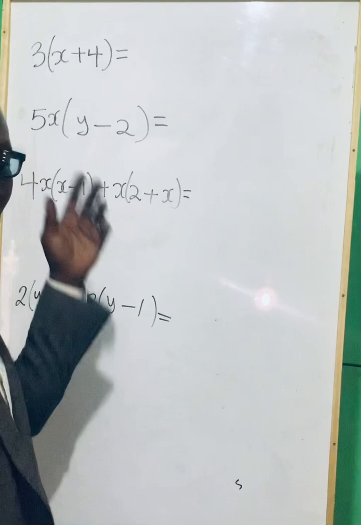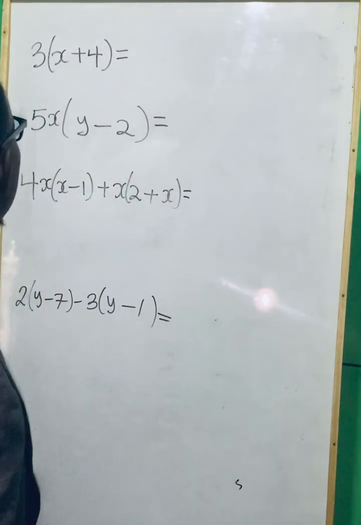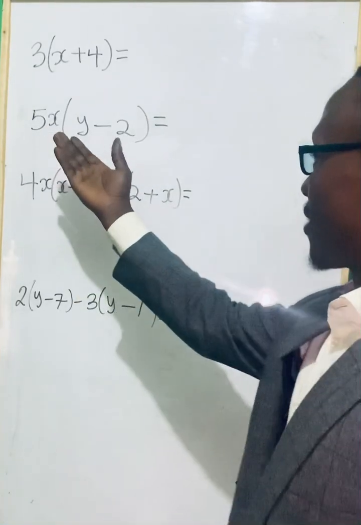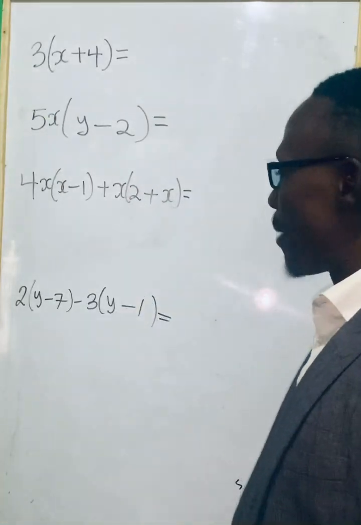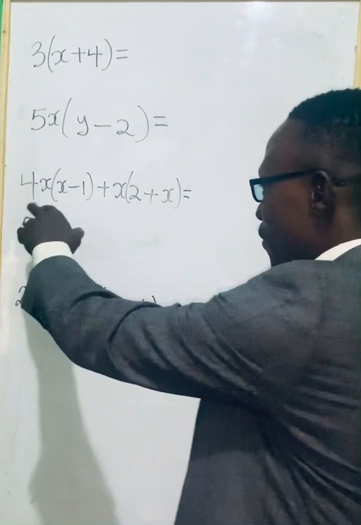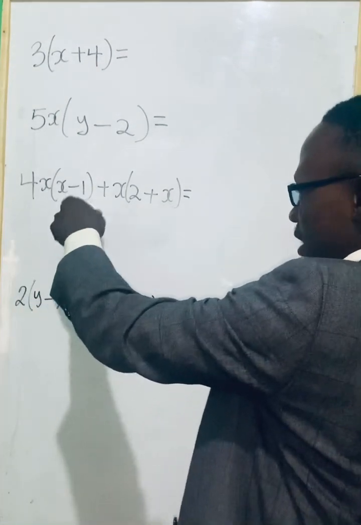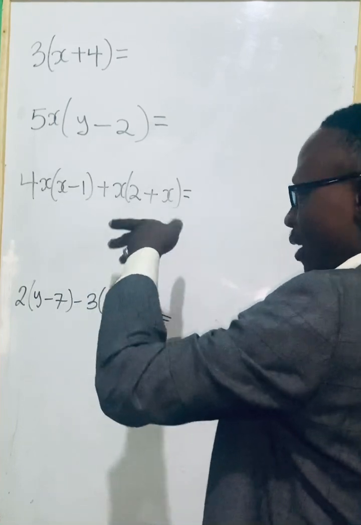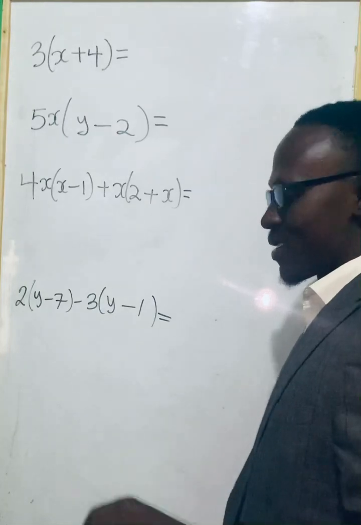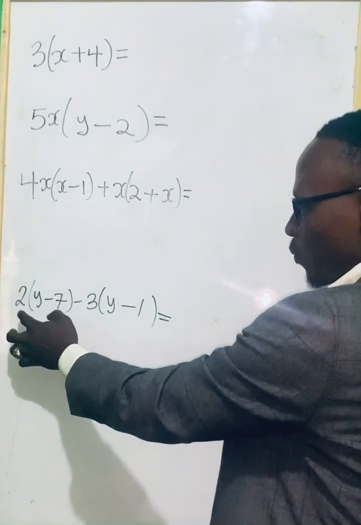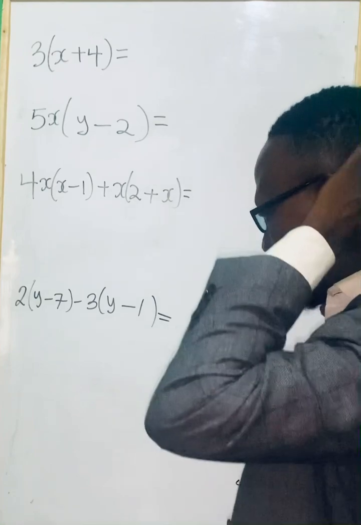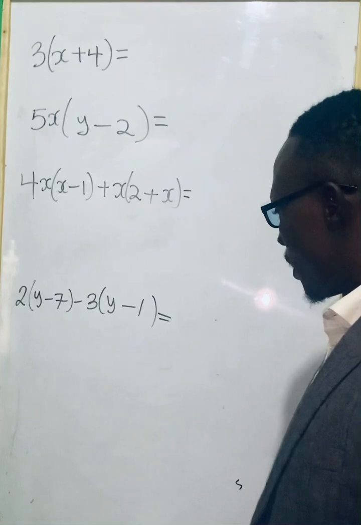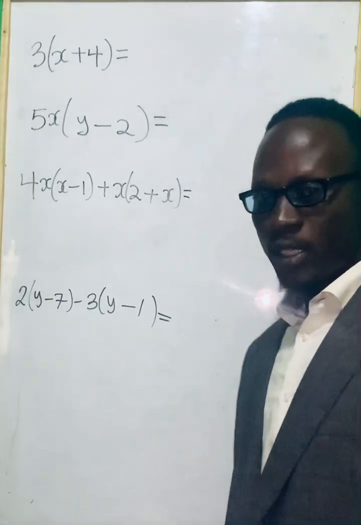We just solve this simple problem here. We have 3(x + 4), 5x(y - 2), we also have 4x(x + 1) - 1, plus x(2 + x), and the last one, 2(y - 7) - 3(y - 1).